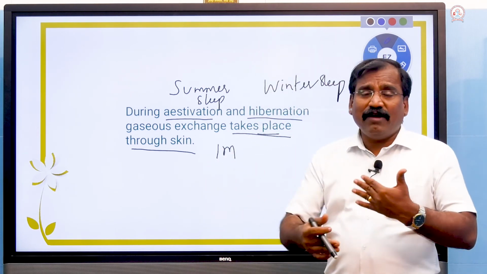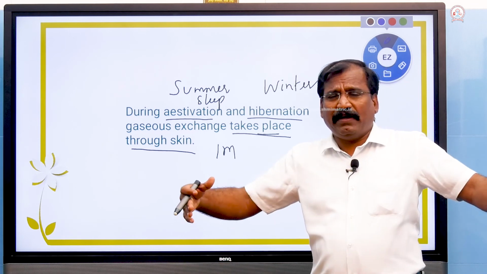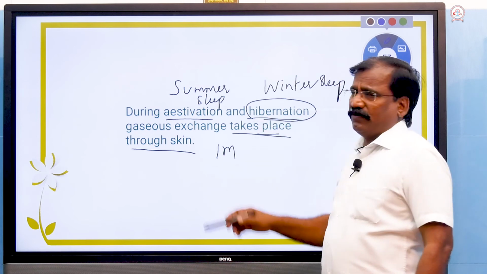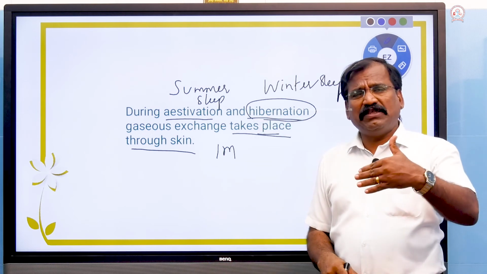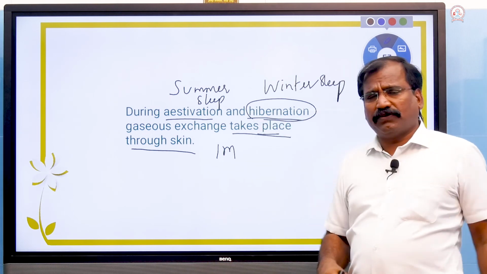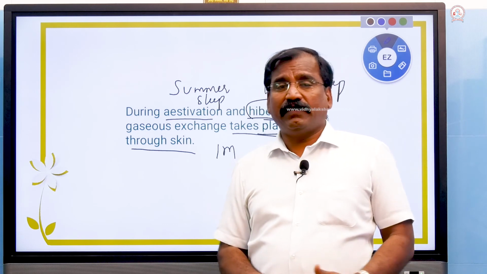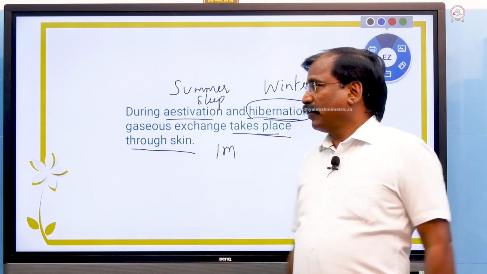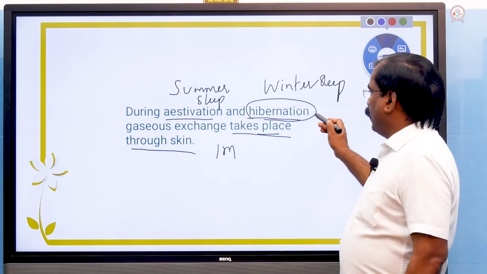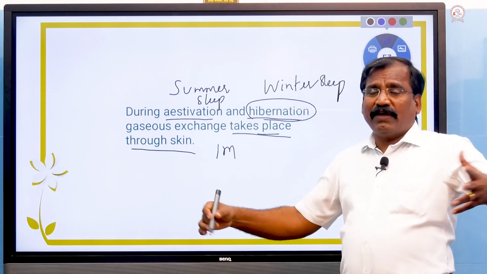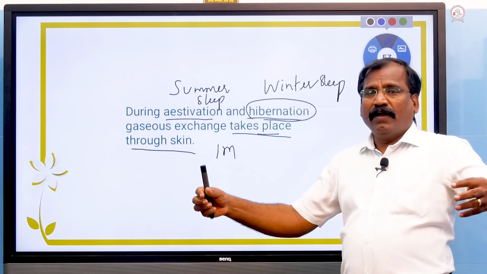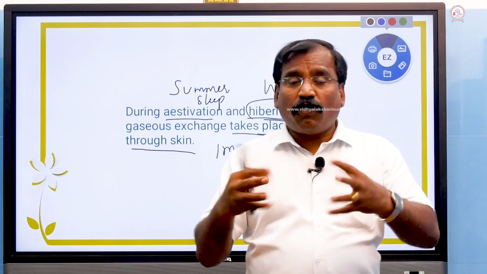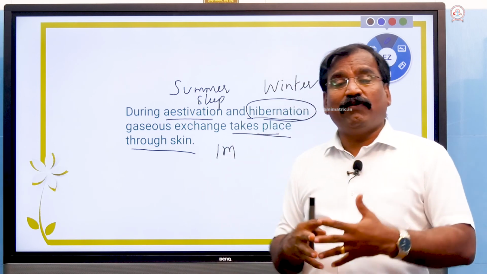In order to escape from the extreme climatic condition, suppose cold winter season, the temperature goes sub-zero, -1, -2, -20, -30s. In that condition, it is unable to survive, because in that extreme temperature, blood can clot. If blood clots, that animal will die.